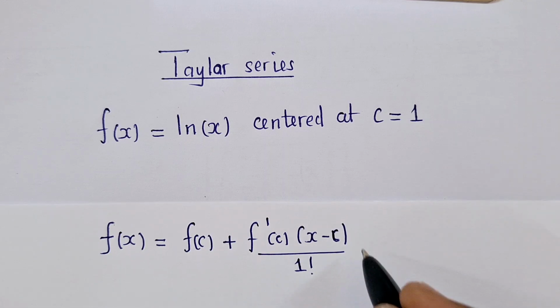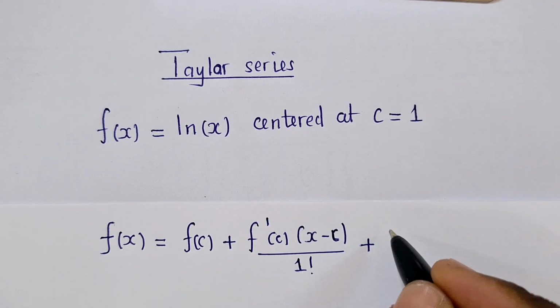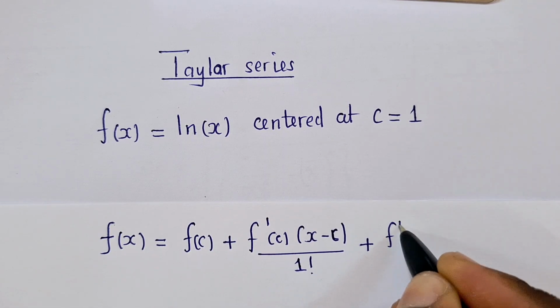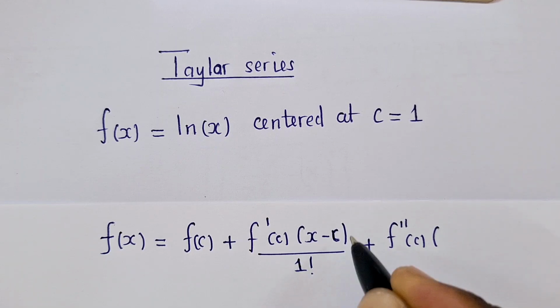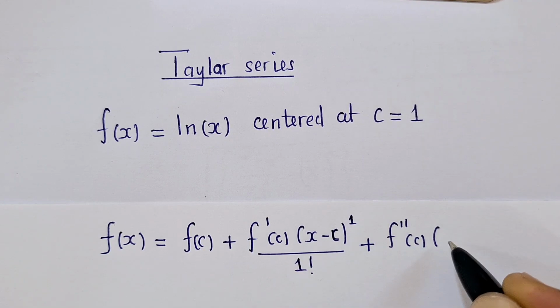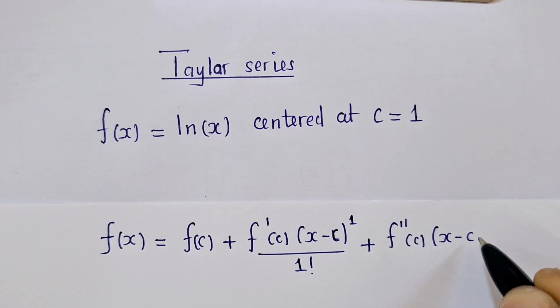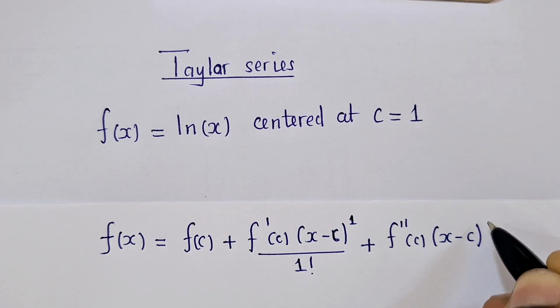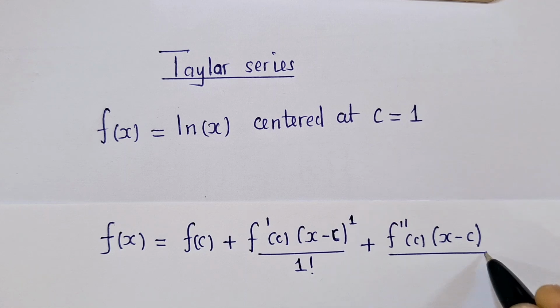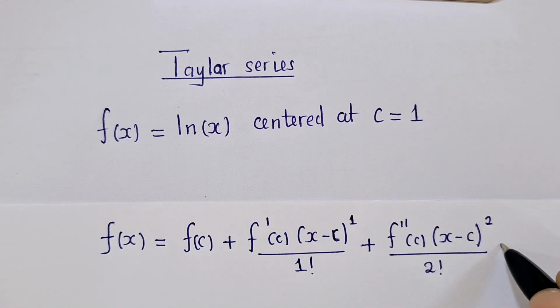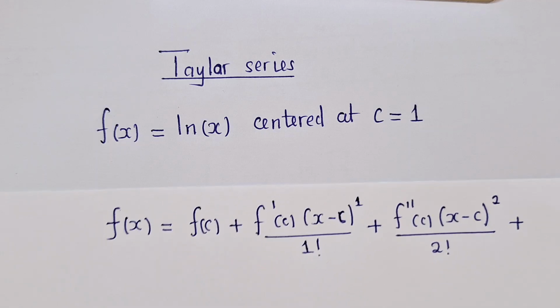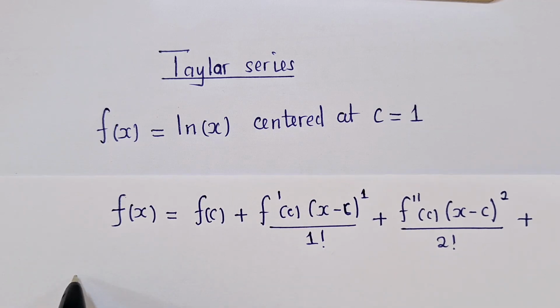I'll make you understand what I'm doing here. The next term is f''(c), multiplied by (x minus c) to the power 2, over 2 factorial, plus. It keeps on going.